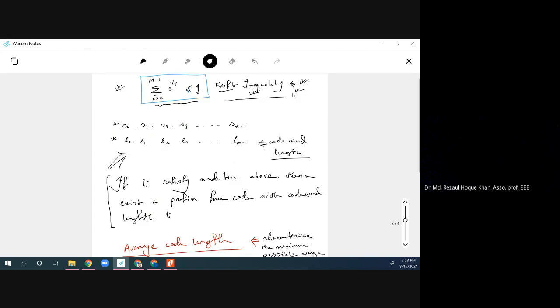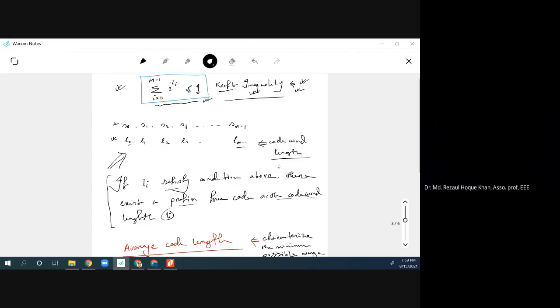The Kraft inequality is a condition to achieve a prefix free code for various distinct symbols S0, S1, S2 with code word lengths L0, L1, up to this value. So in plain English, if Li satisfies the condition above, there exists a prefix free code with code lengths Li, which is given by the Kraft inequality.